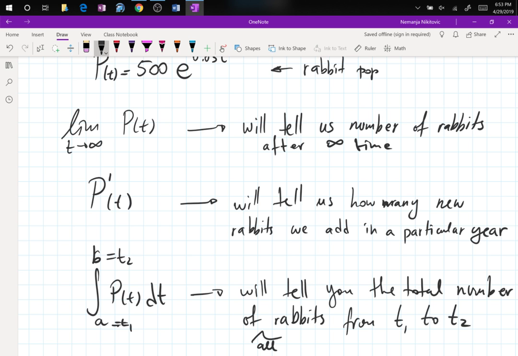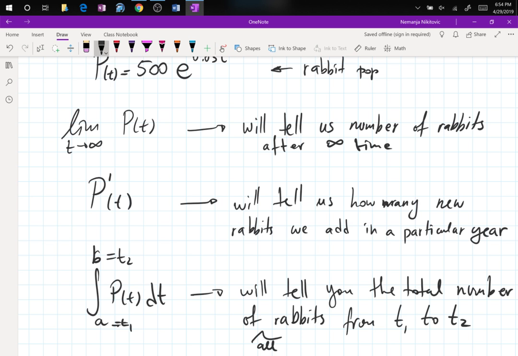So you want to know what is the total amount of rabbits that we have from year 1950 to 1963, whatever, right? Those 13 years. And you can calculate that with the integral. Now, there will be a lecture about this stuff in Calc 2, so you will have more exposure.